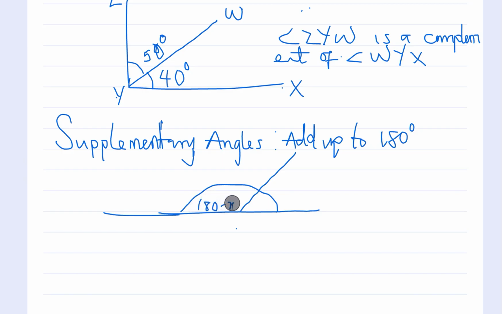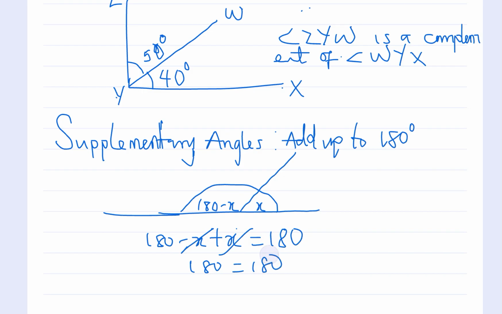If I add these two together using the sum of angles on a straight line, which is 180, that will give us 180 minus x plus x equals 180. The minus x and plus x cancel each other, and now we have 180 equals 180.